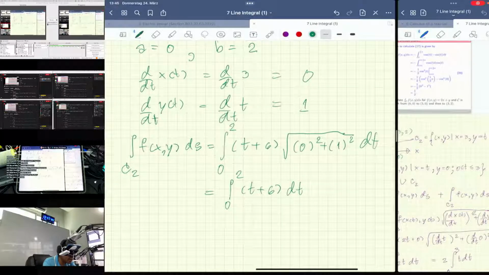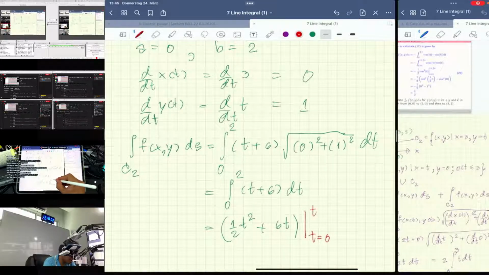So we would have here 1/2 t squared plus 6t, right? And we're going to need to substitute t as 0 and t as number 2.